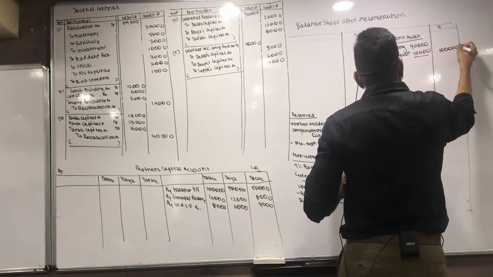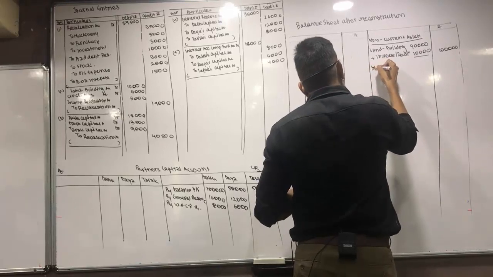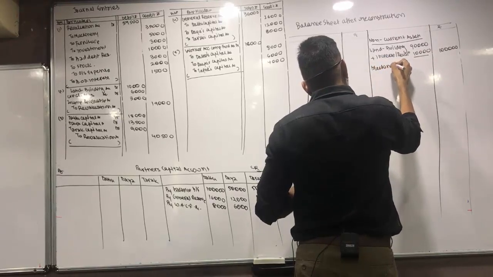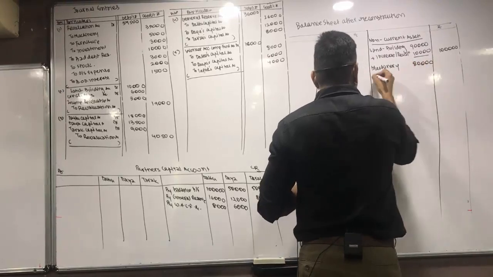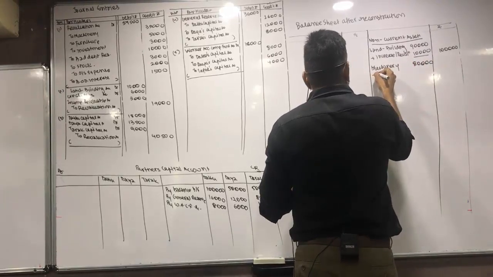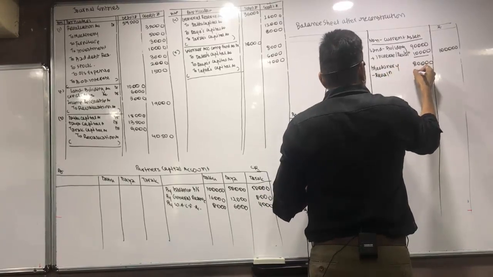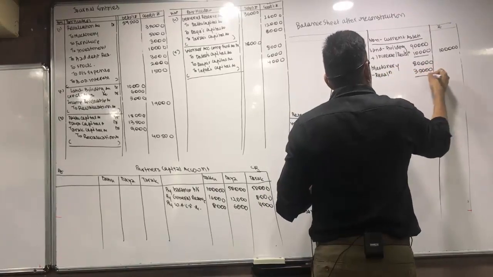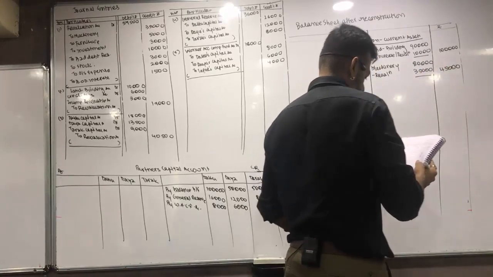Total 1 lakh. Machinery 80,000, minus revaluation decrease 35,000, so 45,000.